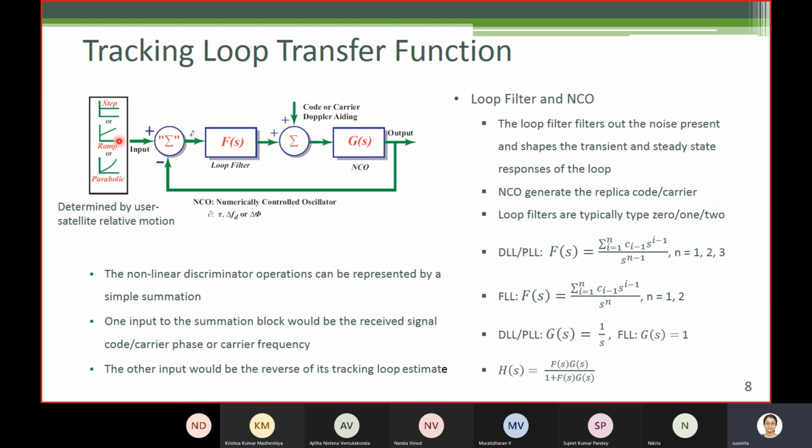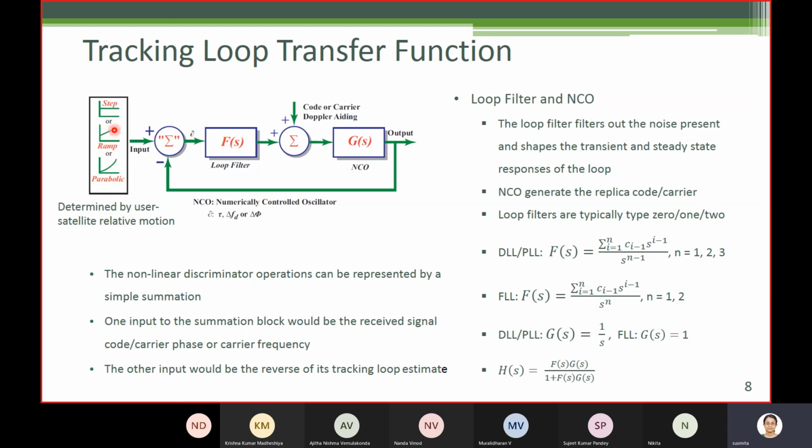Okay. Now, what kind of time profile can we expect for the input, whether it is code phase or Doppler frequency or carrier phase? What kind of temporal variation can we expect? This is dependent on the user and satellite relative motion. Depending on the relative motion between the two, typically one of three profiles is obtained: step, ramp or parabolic.